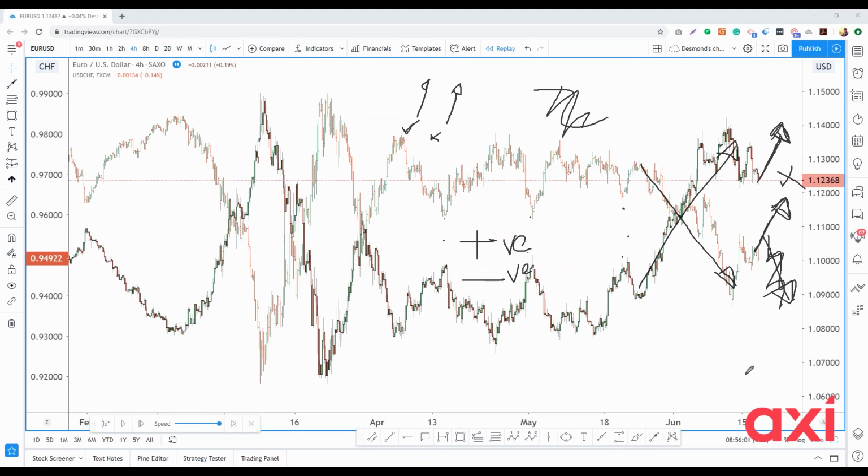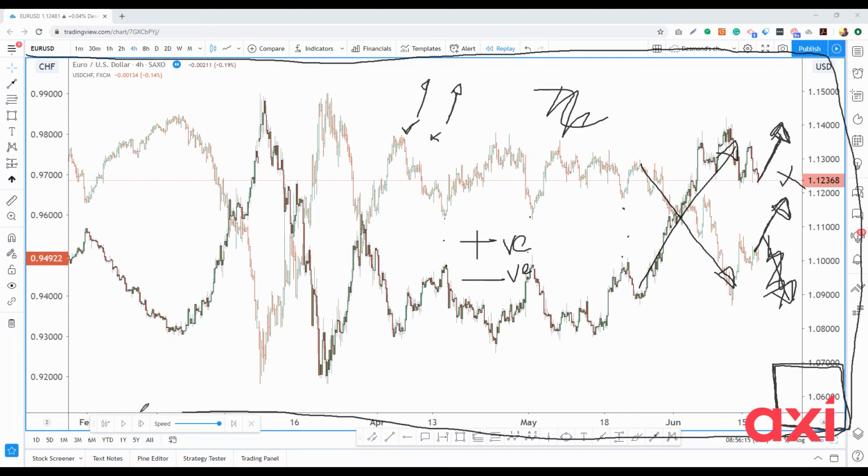And then from there, the currency market is like a jigsaw puzzle. If you only look at one corner of the jigsaw puzzle, you're not seeing the bigger picture. There's a much bigger picture everywhere, and you're only looking at one corner. You're like, oh, look at me, I'm a euro dollar trader, I only look at euro dollar, and your entire reality is euro dollar.